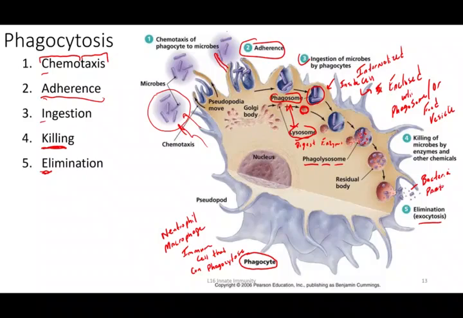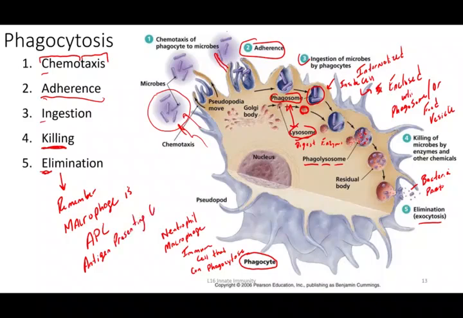And so that's phagocytosis, but I just want to do an extension. Remember, macrophage is an APC, which stands for antigen presenting cell, and that was the molecular sketch of what that microbe was.